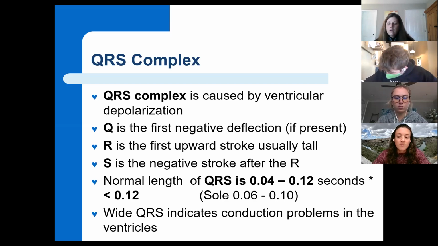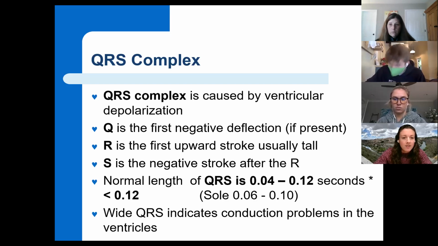Now, conditions that could alter or change the size of the QRS complex would be ventricular enlargement, dysrhythmia medications the patient's taking because they know they have a problem, electrical defects. They might have some electrolytes out of order, like they might be hyperkalemic, like their potassium is too high.